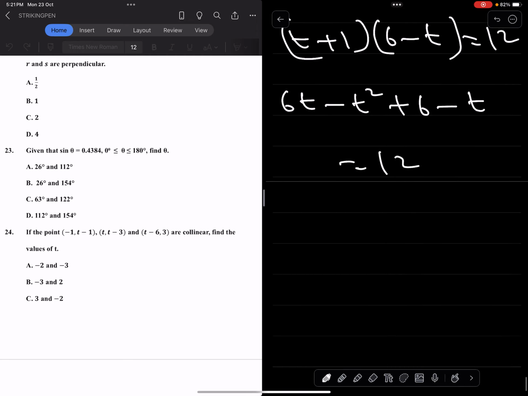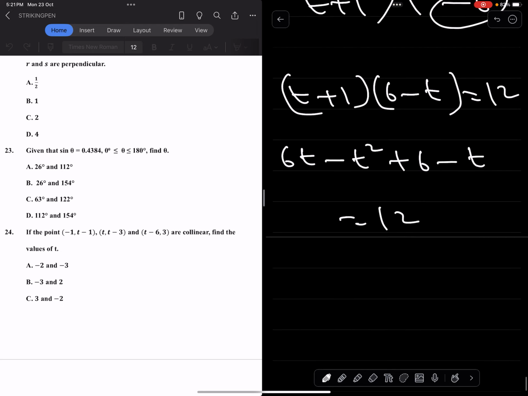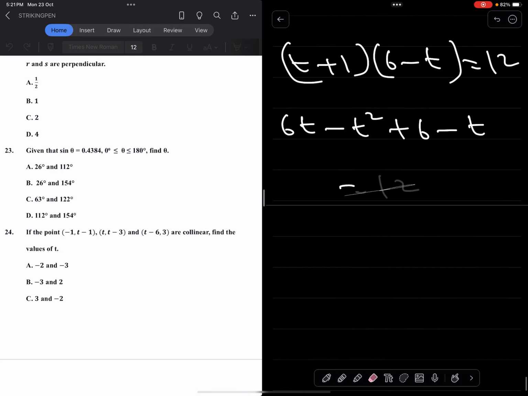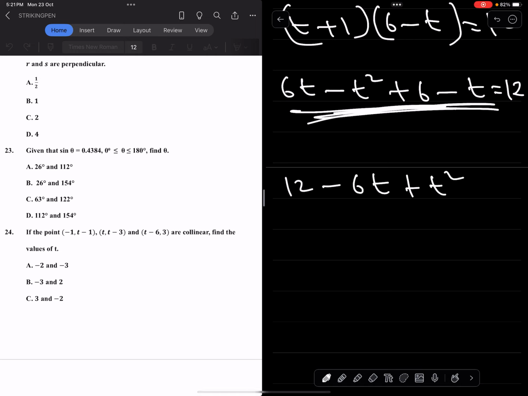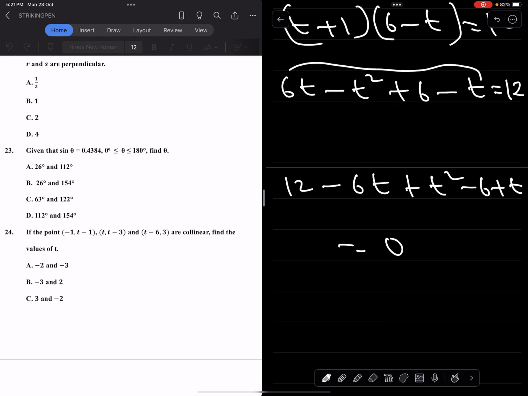Let me write the 12 here, equals 12. Now I'm moving everything on the left hand side to the right hand side.